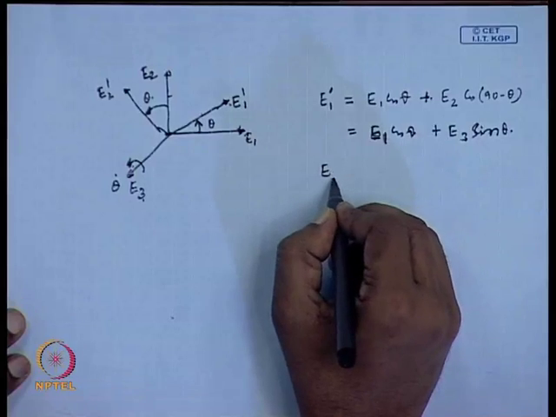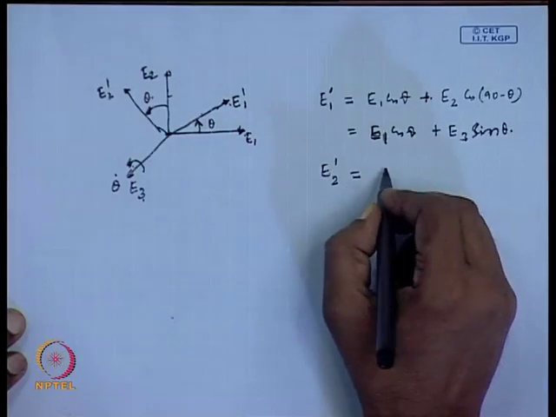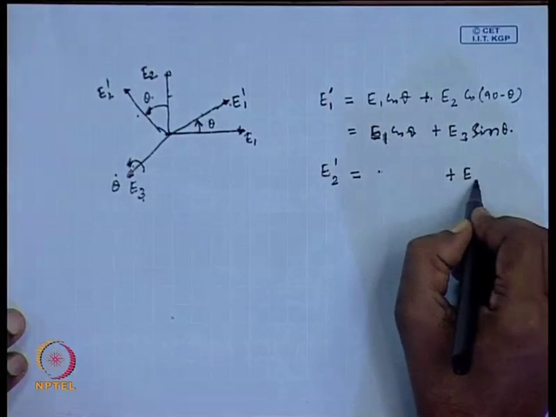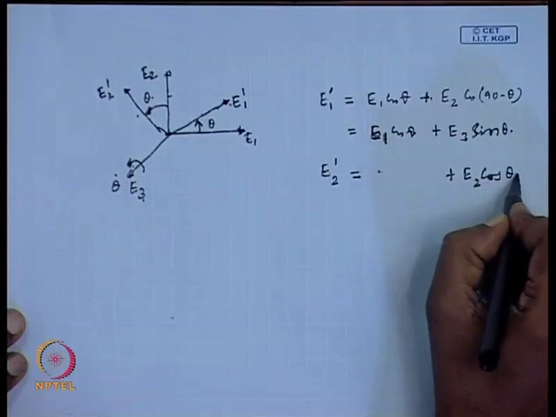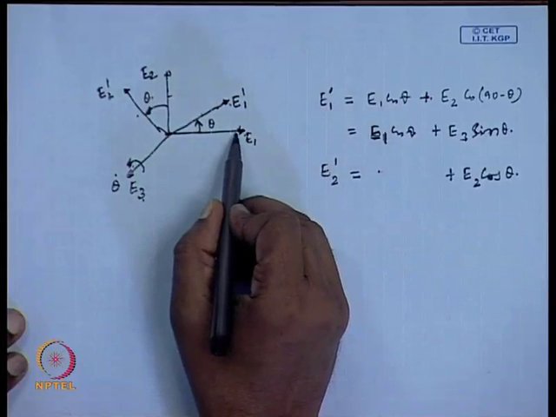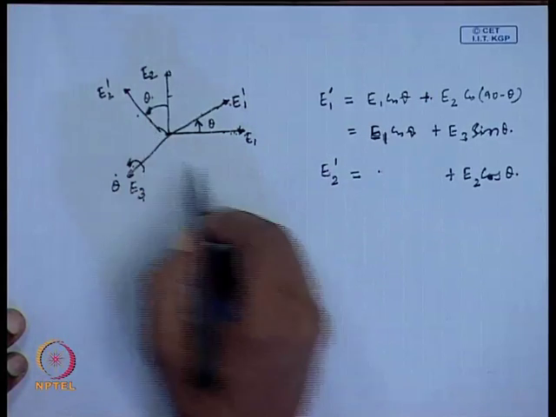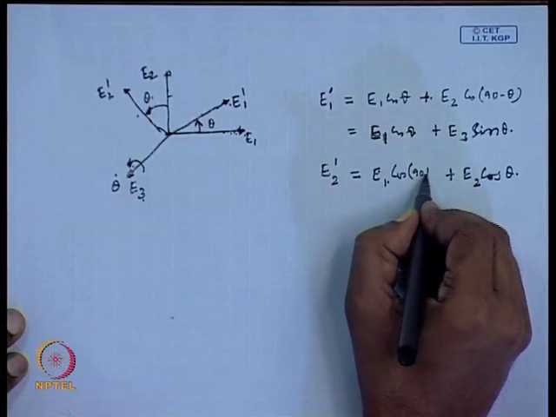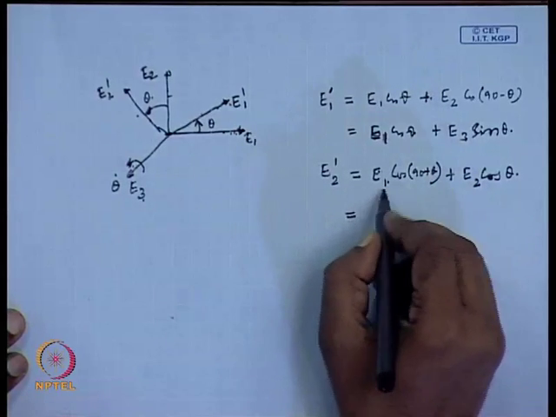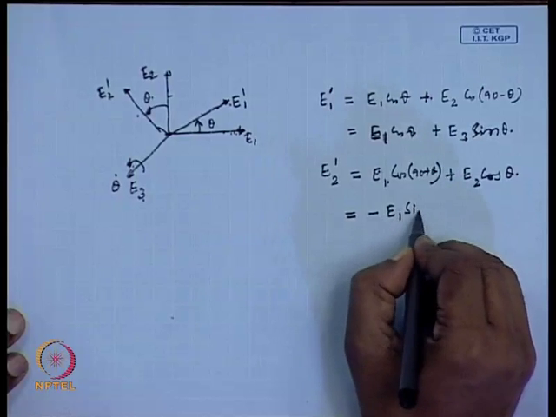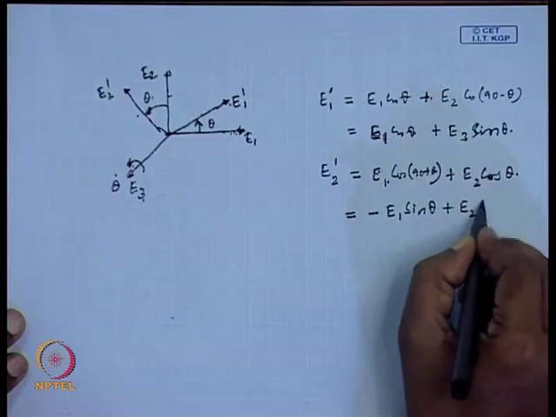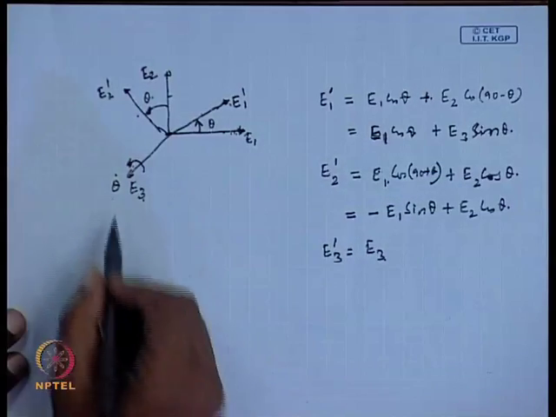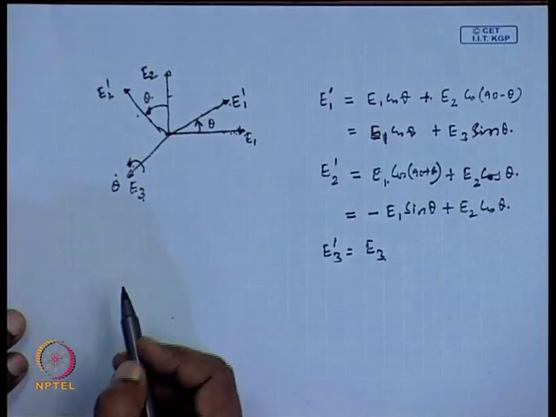Similarly, you can write E2 prime. E2 prime will be E2 cos theta, and we have to take the component of E1 along this, so this will be E1 cos (90 plus theta), and this gives you minus E1 sin theta plus E2 cos theta, while E3 prime you can simply write as E3 because you are rotating about this. So, there is no change.